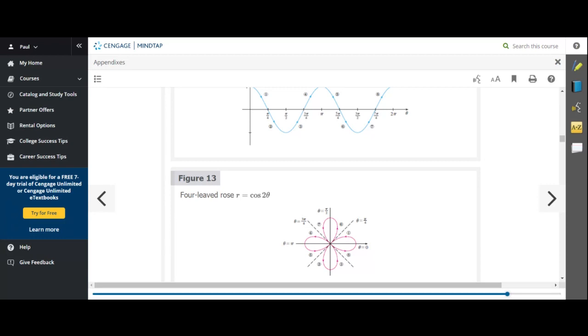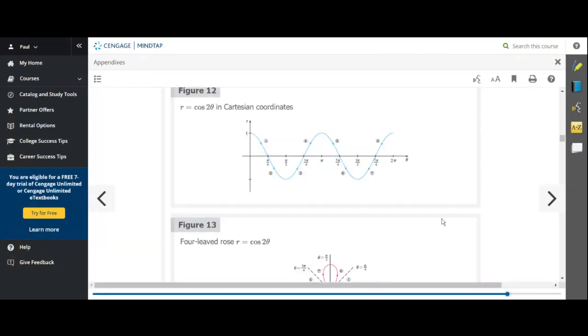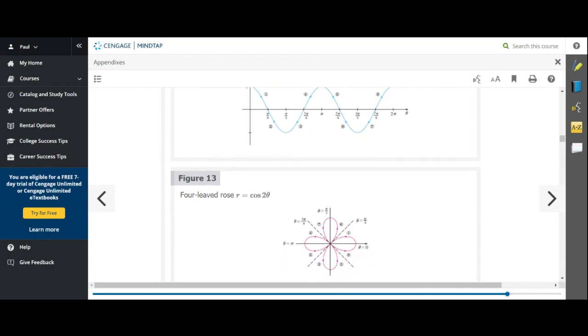But are you okay, at least reasonably, with figure 12 and figure 13, what they're trying to demonstrate here? I know you have to practice a little bit. That's why I want to give you some time to practice.